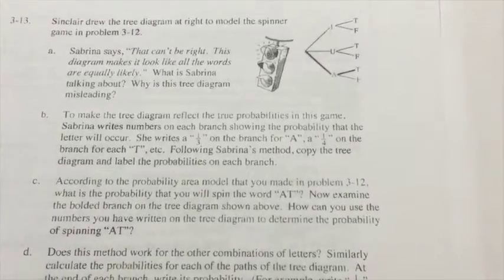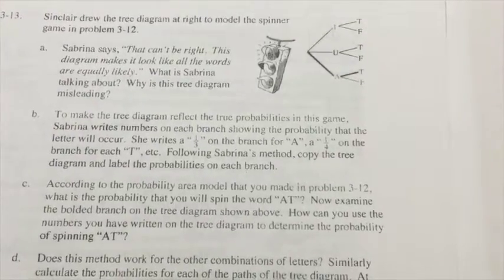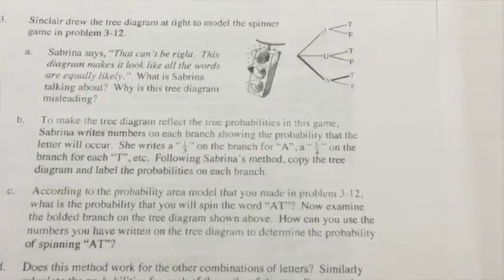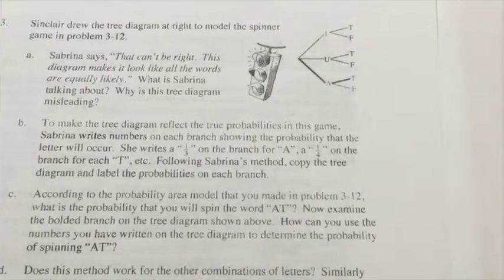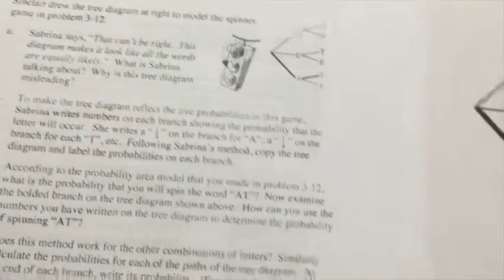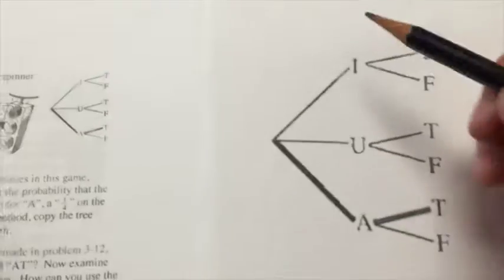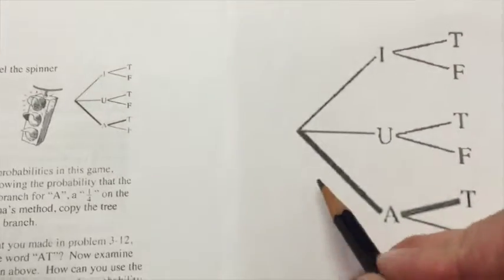So if we go back to this question, it says, to make this tree diagram reflect the true probabilities in this game, Sabrina writes the numbers on each branch showing the probability. So she writes a 1/3 on the branch for A, a 1/4 on the branch for T. So what she's doing is she's doing this. So we said that the A has a probability of 1/3.